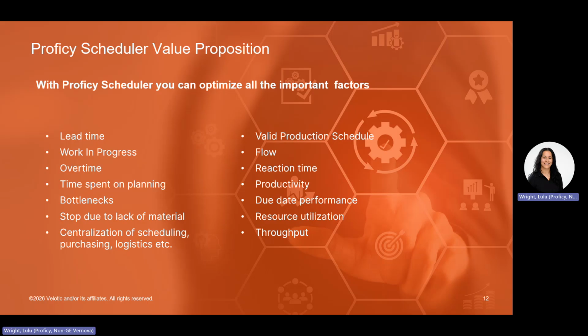Being able to minimize the need to stop due to lack of material, being able to view and predict bottlenecks, being able to have valid, up-to-date data of your production schedule, being able to improve productivity and reaction time, as well as meeting the due date expectations set with your customers, and also resource utilization and throughput improvement.